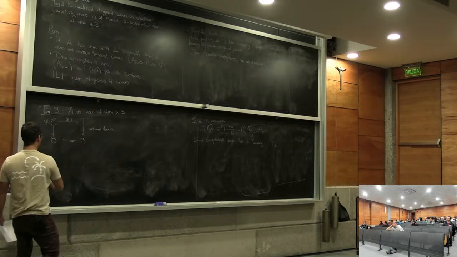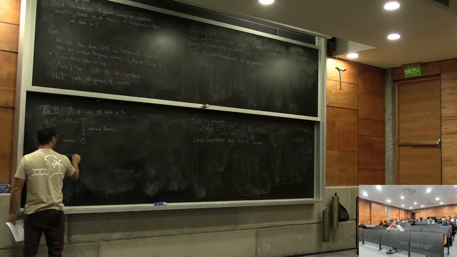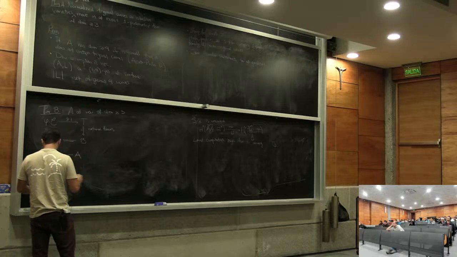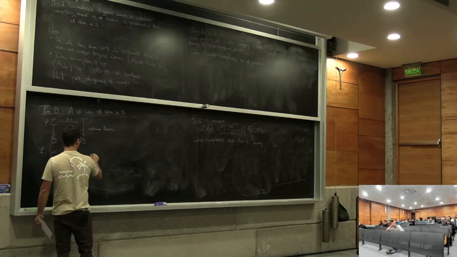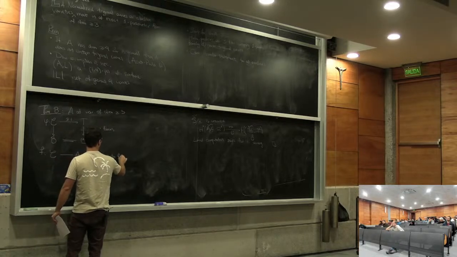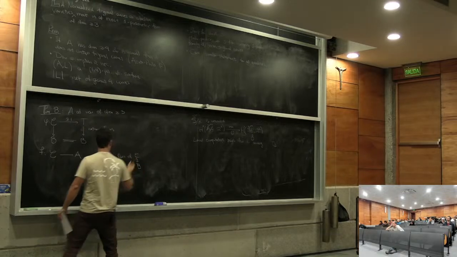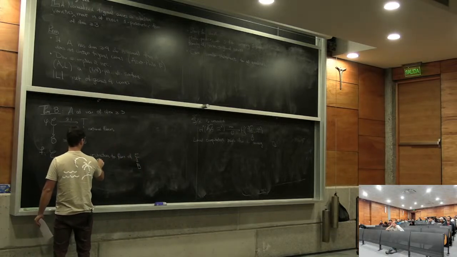And I'm going to look at a map from C into my abelian variety. And I'm going to require that this map is birational, so restriction to fibers of C to B is birational on its image.